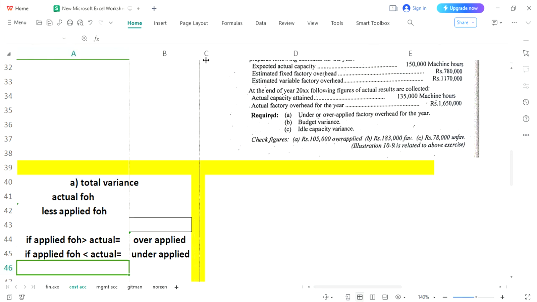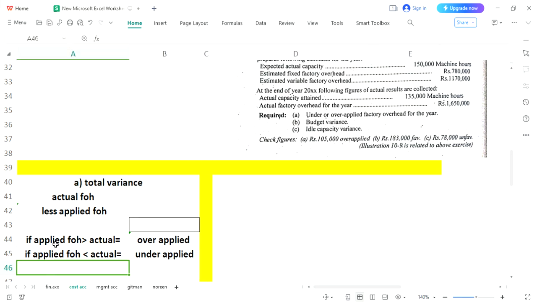If you can calculate your applied FOH and actual FOH, then you will see if applied FOH is more than actual, it would be over applied, and if applied FOH is less than your actual FOH, it would be called under applied. And this would be the answer of our first requirement, under or over applied.